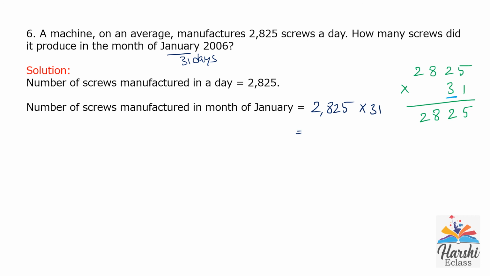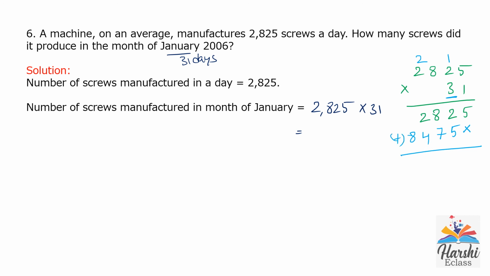So what we will do, we will put cross or 0 in the ones place. 3 5s are 15, 5, 1. 3 2s are 6, 6 plus 1, 7. 3 8s are 24, 4 and 2. 3 2s are 6, 6 plus 2, 8.